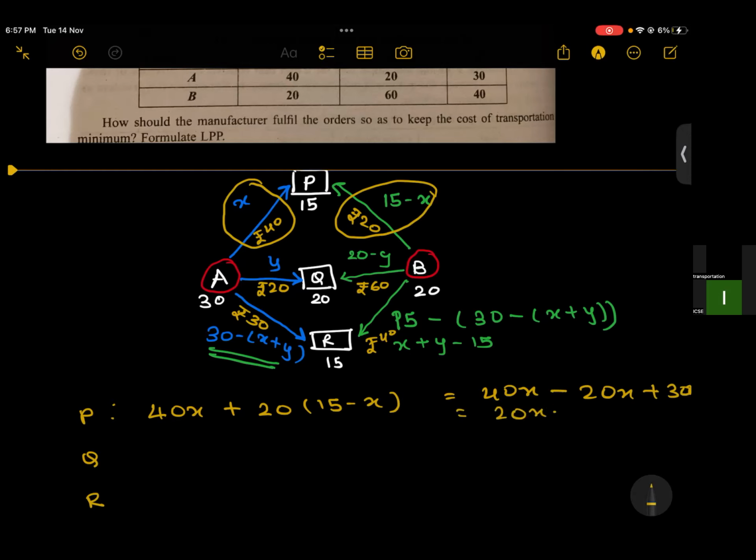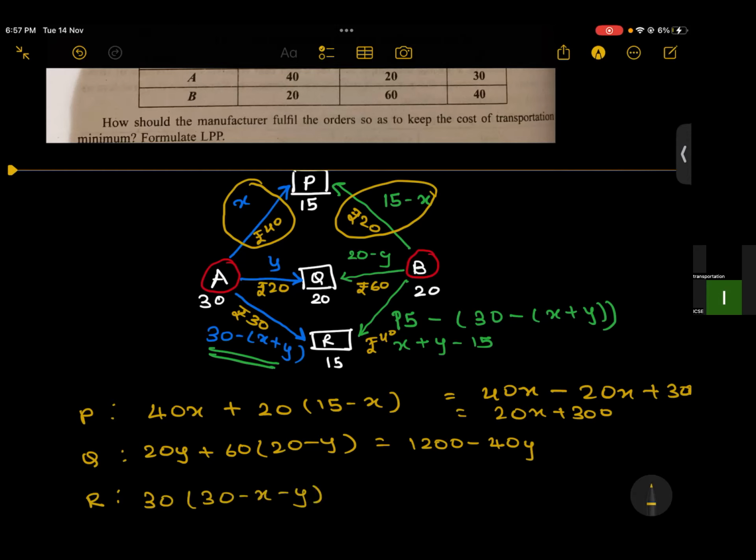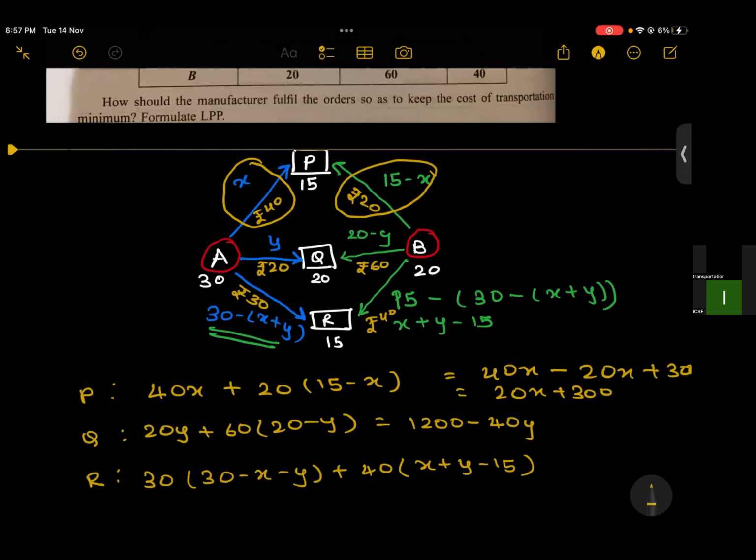That is 20x plus 300. Next, Q will be 20y plus 60 into (20 minus y), which will give us 1200 minus 40y. And R will be 30 into (30 minus x minus y) plus 40 into (x plus y minus 15). On solving this, we will be getting 10x plus 10y plus 300.